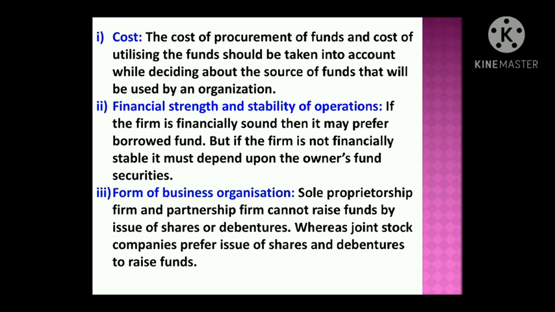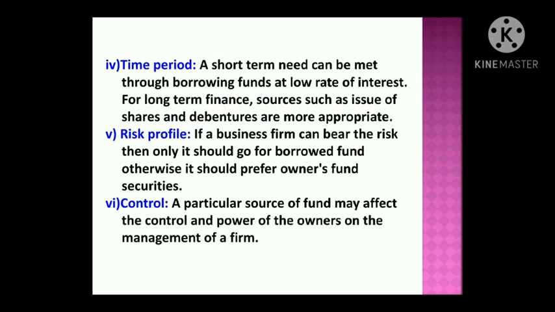And the next factor is form of business organization. Sole proprietorship firms and partnership firms cannot raise funds by issue of shares or debentures. So they have to depend upon factoring, leasing, trade credit, etc. Whereas joint stock companies prefer issue of shares and debentures to raise funds. Another factor which helps in deciding the source of fund is time period.